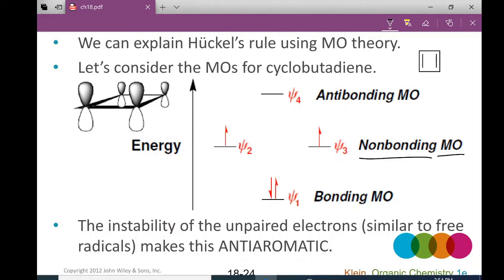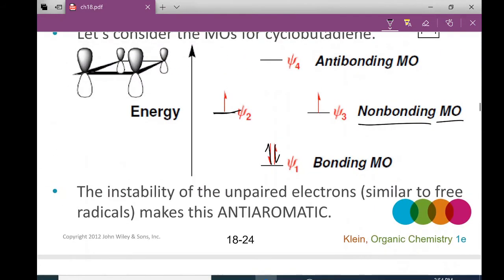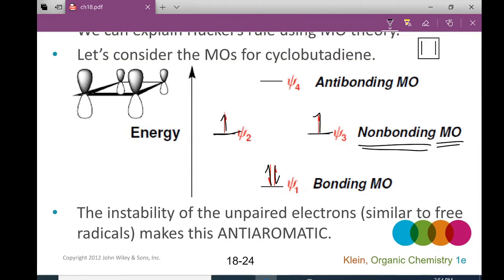Remember, we have to put 2 electrons in the lowest energy molecular orbital, and then for degenerate molecular orbitals, we put 1 electron in each until we have to go back and pair them up. Since there are only 2 electrons left and these are degenerate, we have to put them 1 in each. That makes these 2 molecular orbitals non-bonding, and that's why cyclobutadiene is not stable, and that's what makes it anti-aromatic.